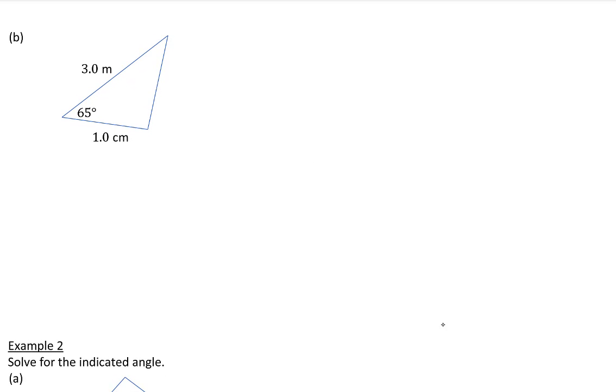So again, for a second example, you can pause the video, try this yourself, and then come back and check your answer. So first step, let's label the graph. So for this example, since we have angle A, I'm going to use the version of the cosine law that starts with a squared.